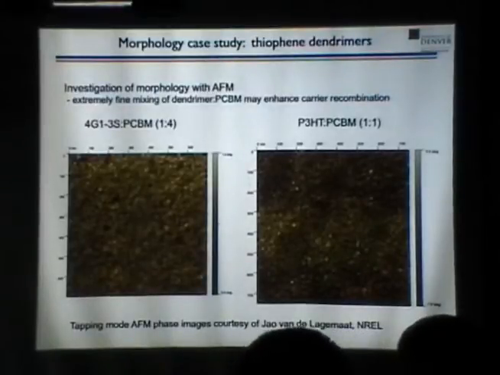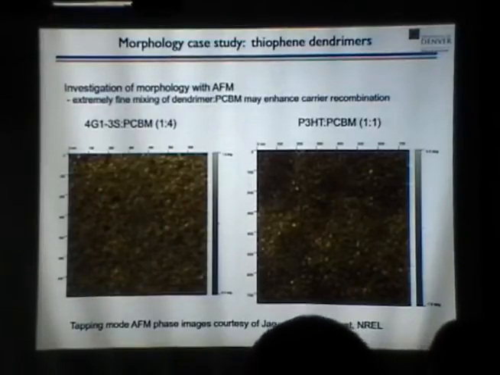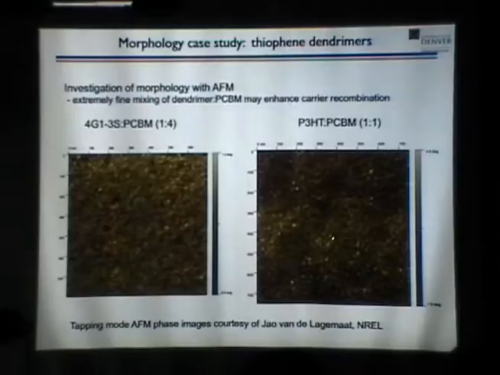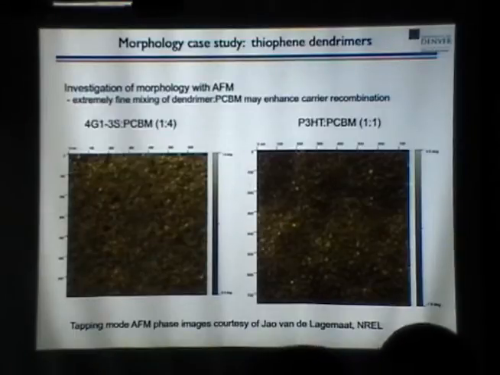Well, we go back to the morphology issue. We can use tapping mode AFM and look at the top surface, and this gives us some little hint. Here is P3HT:PCBM, sort of an optimal morphology, and you can't really make it out, but we presume that the bright spots are one phase and the dark spots are another phase, and that length scale is about 10 nanometers.